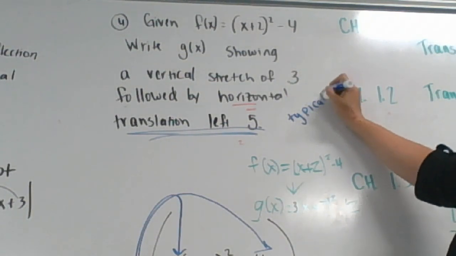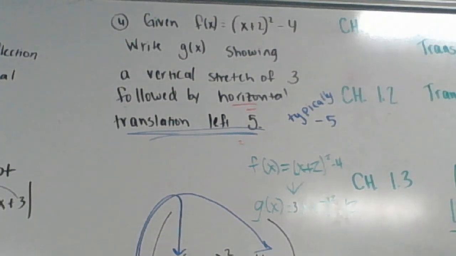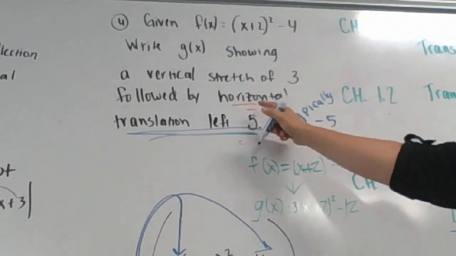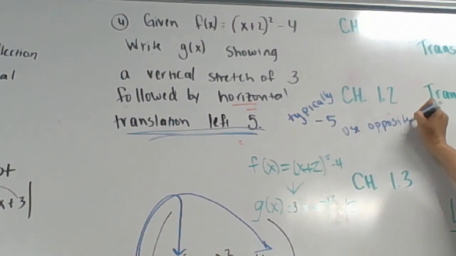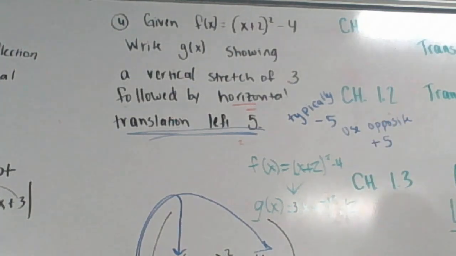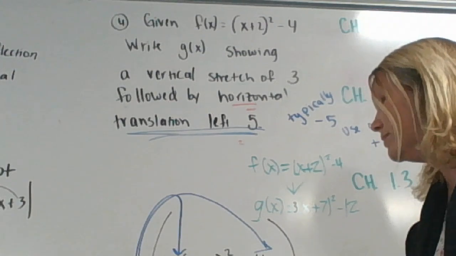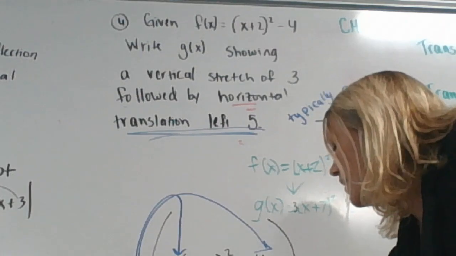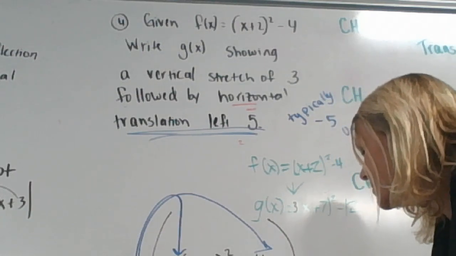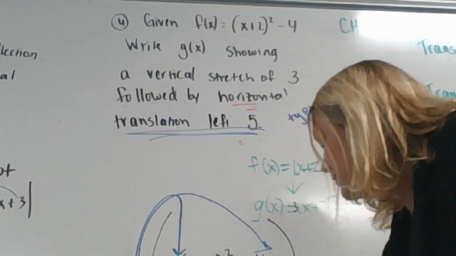Typically, left 5 we associate with negative 5, because left is negative on the number line. However, for horizontal translation, we use the opposite of what we would typically do. We're going to use plus 5. So right in these parentheses, right next to the x plus 2, I'm going to put in a plus 5. And that's how they landed at 3 parentheses x plus 7 squared minus 12. That was a very good job.